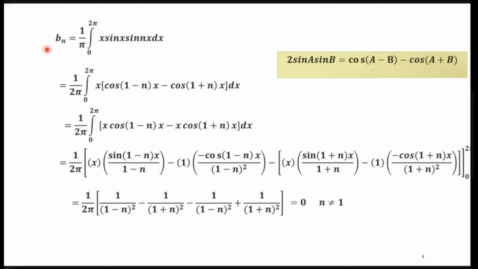So in a similar way, calculate b1. जैसे हमने a1 निकाला है वैसे b1 निकालना है. तो b1 में यहाँ पे n के बदले 1 हो जाएगा. So let's do everything the same. To calculate bn in the next step.